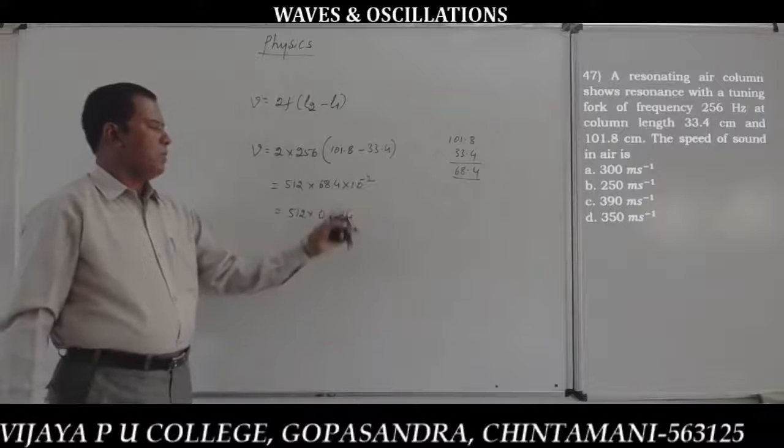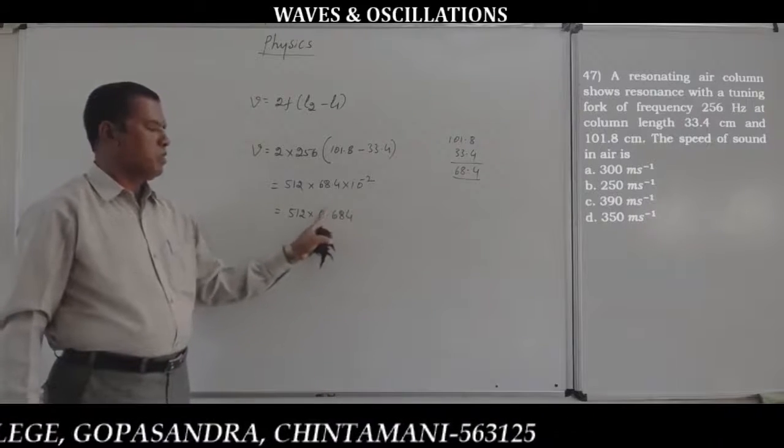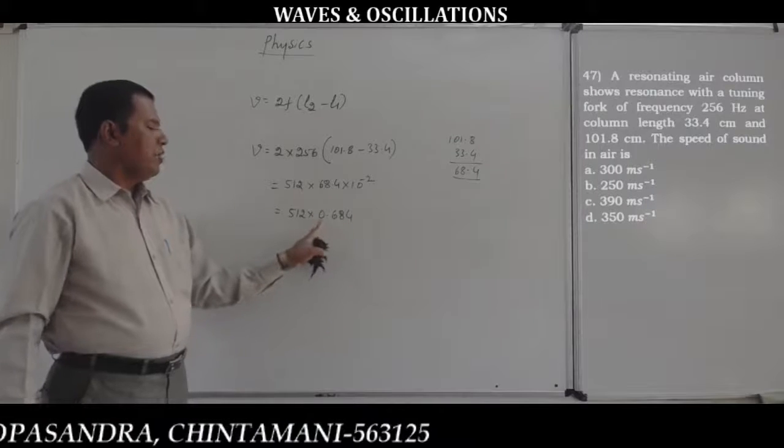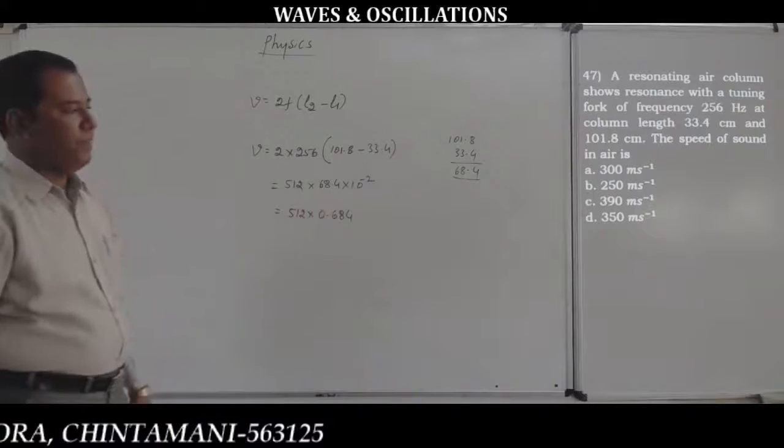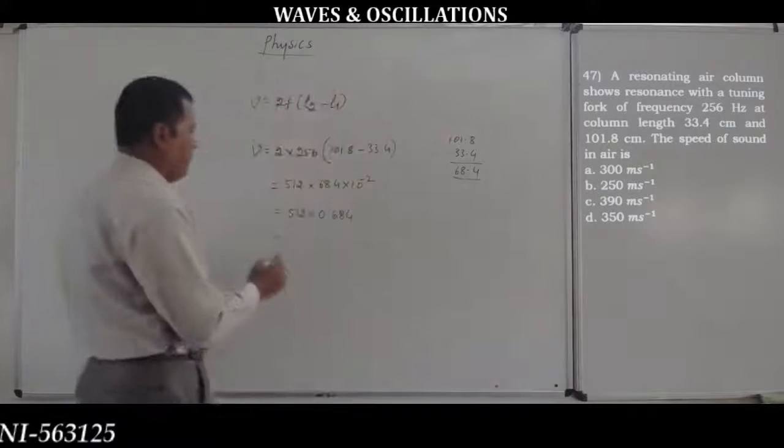I have converted the length to meters. 0.684, approximately, you can round this to 0.7. 5 into 0.7 comes out to be 350. So therefore, it comes out to be around 350 meter per second.